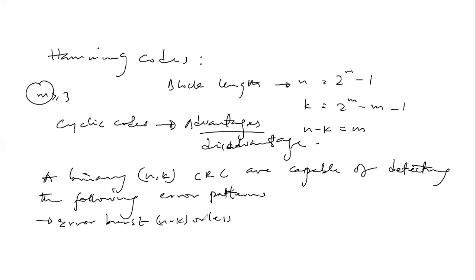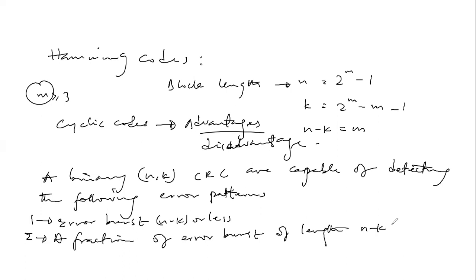Then we also have a fraction of the error bursts of length n minus k plus 1, and there the fraction equals 1 minus 2 to the power of minus (n minus k minus 1).